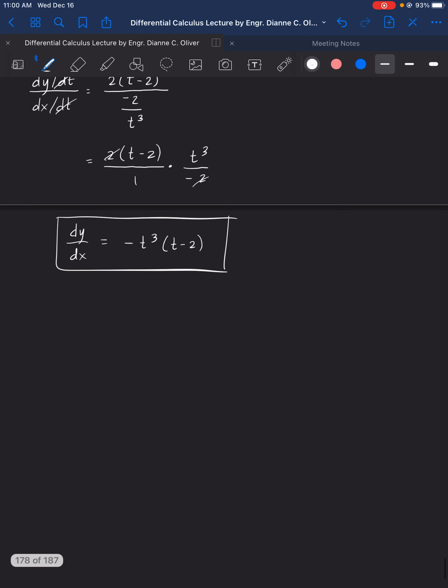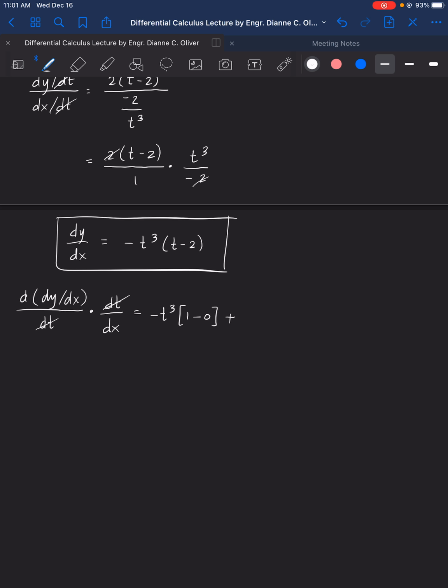Next, for the second derivative, we have derivative of dy over dx with respect to t multiplied with dt over dx. So we can cancel out dt. So let's derive first this one. This negative t raised to 3. Derivative of t is 1 minus derivative of 2. Then we have there plus.